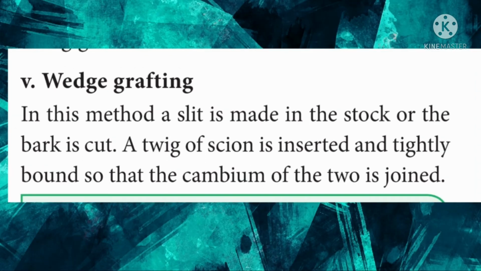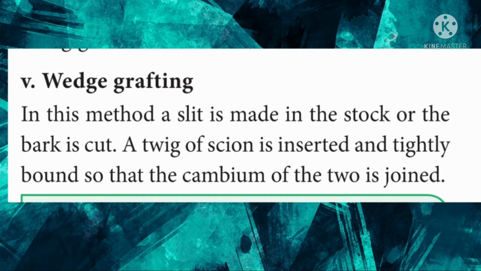In wedge grafting, in this method a slit is made in the stalk or the bark is cut. So only the bark region of the stalk stem is cut, and a twig, that means a small branch from the scion plant, is inserted and tightly bound so that the cambium of the two is joined.